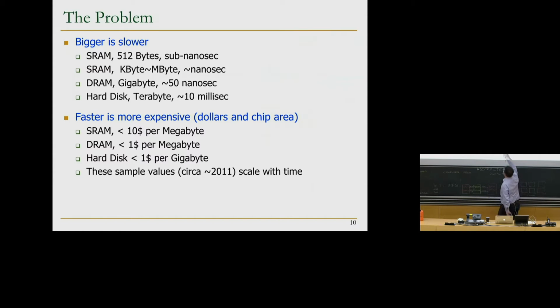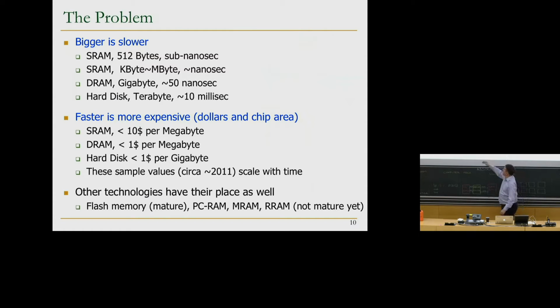Also, dollars and chip area, so faster is more expensive. So SRAM maybe $10 per megabyte, DRAM $1 per megabyte, hard disk $1 per gigabyte. As I said, the numbers easily scaled by a factor of 10 right now, but the ratio is still the same. It's not only hard disk, there are newer technologies: flash memory, phase change memory, MRAM, resistive RAM.